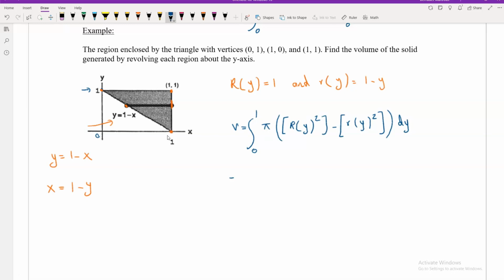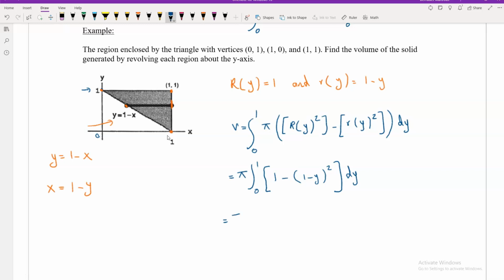And then this is equal to pi times the integral of, for outer, 1 squared, which is equal to 1, so I didn't write 1 squared, minus, for inner, 1 minus y squared, times dy.